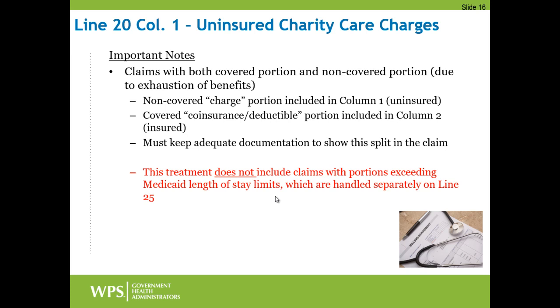So I don't know if that means they are using line 25 to identify Medicaid information. Maybe they're using it for another purpose. But in any case, they've made it clear that we should not be reporting other non-covered portions in line 25. So the only other way to report it properly is to split that claim, as I've said here.